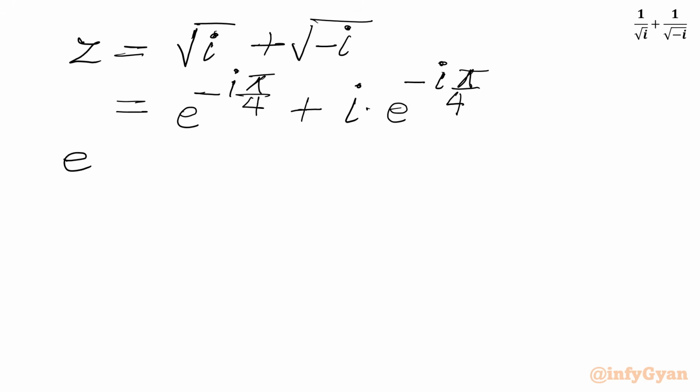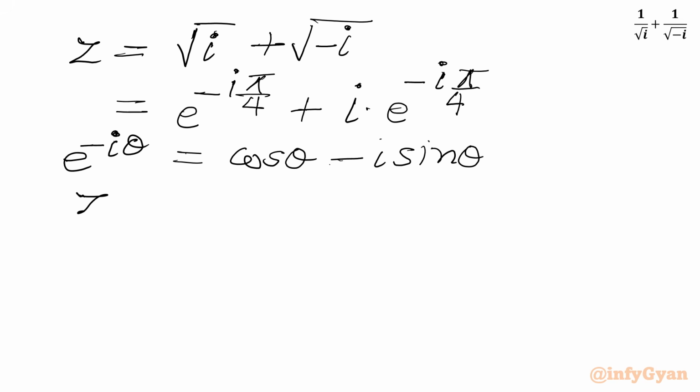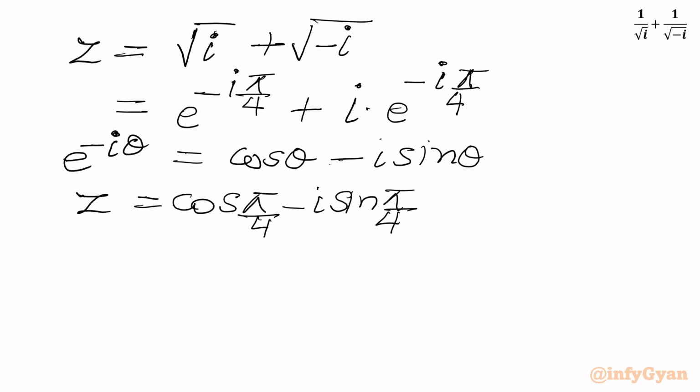Now we know that e^(-iθ) = cos θ - i sin θ. So z will be equal to (cos π/4 - i sin π/4) + i(cos π/4 - i sin π/4).